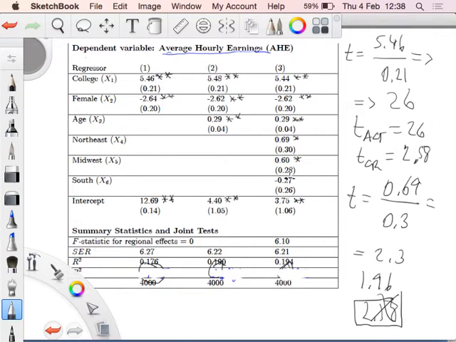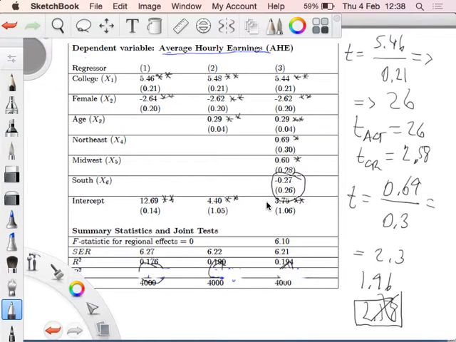So we only include 1 star because of 5% level significance. And the coefficient for south is not significant at all, so no stars on it. But the intercepts are all significant at the 1% level, so there are stars. Good, done this.